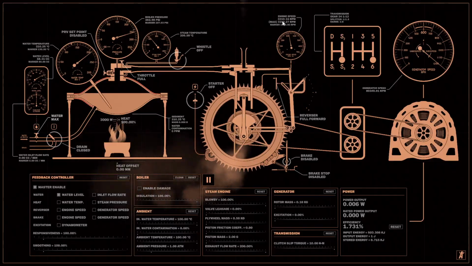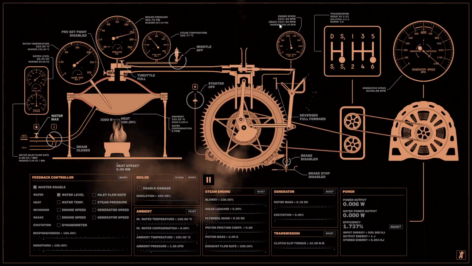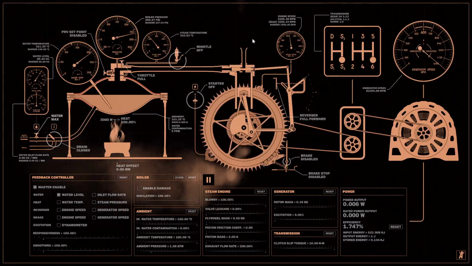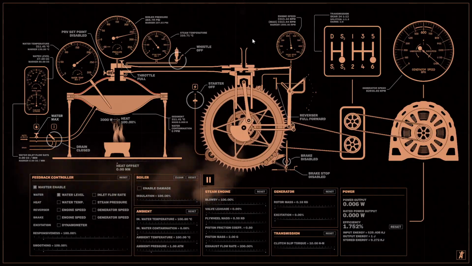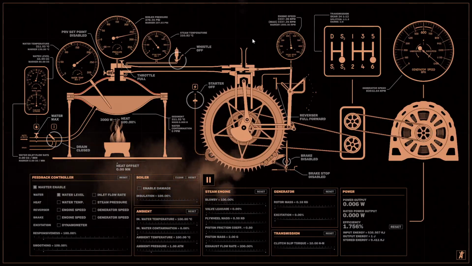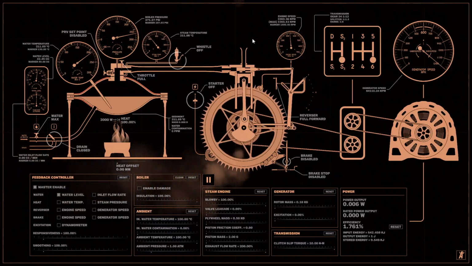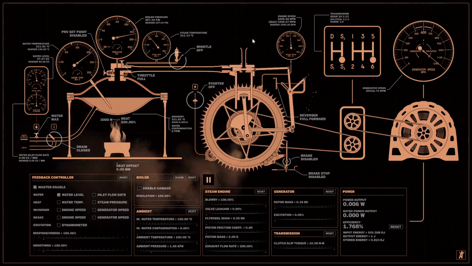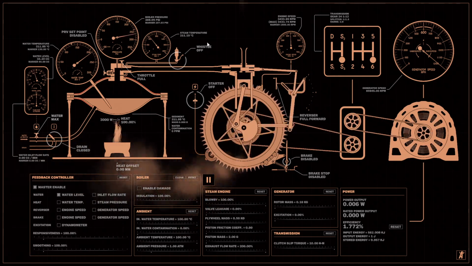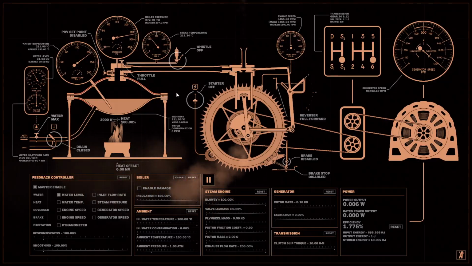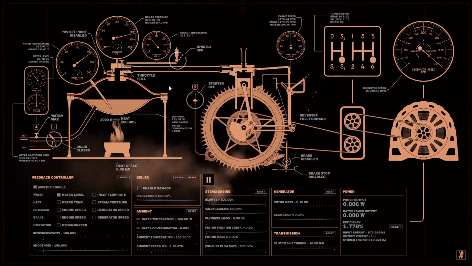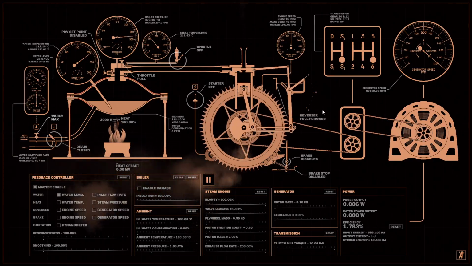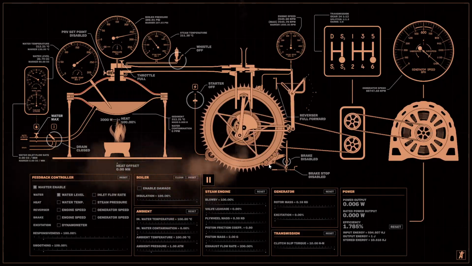But my engine speed, 3,200 and climbing. I'll just keep this going. The throttle is full open. Reverser is at full forward. Brake disabled.